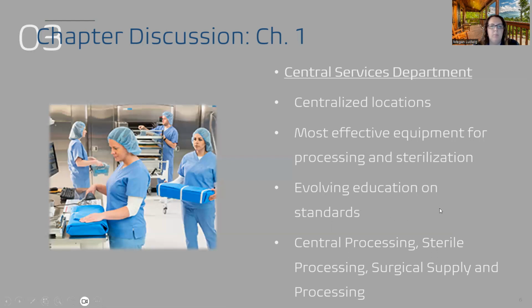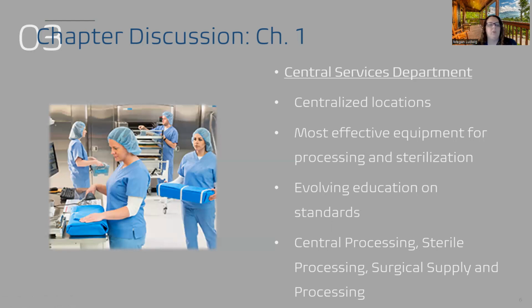Maintaining your education by doing continuing education units is super important because any healthcare job is going to change rapidly just because we learn things by doing different studies, research, etc. We want to make sure we stay with the industry standards. Super important. Okay, so like I said, it could be called a couple things: central processing, sterile processing.